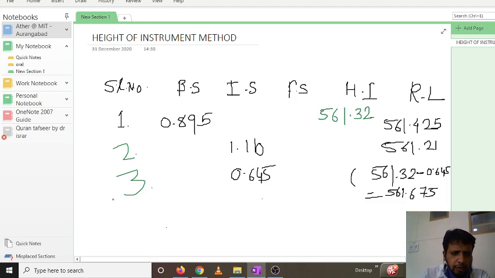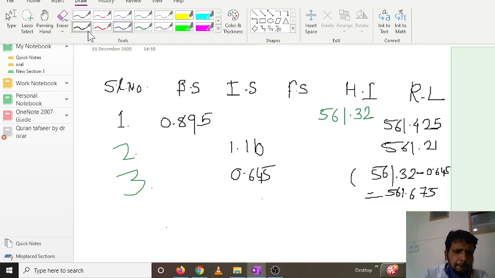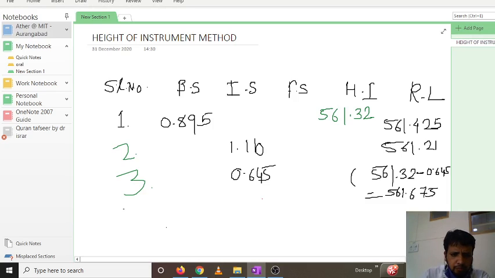Next, last point. It is the fourth point. The last reading from a particular level is called a foresight. So we are writing the foresight reading as 0.515 meter.